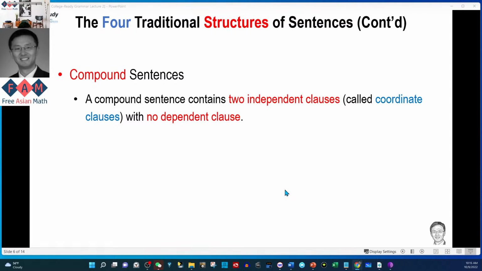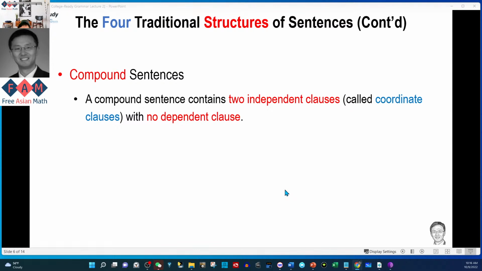Typically, when you have a compound sentence, it's made of two independent clauses. Okay? Because those two clauses, oh, I should not say two sentences. I'm sorry, I should say two independent clauses.